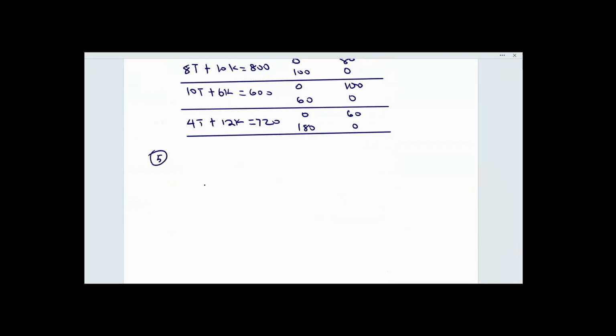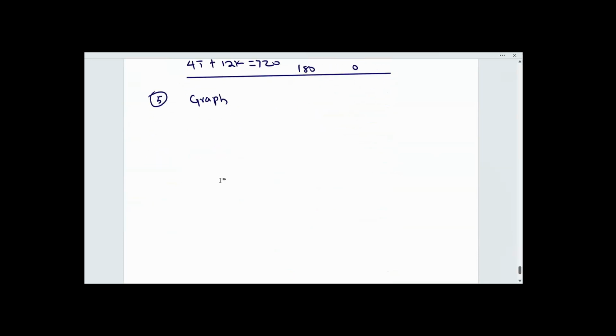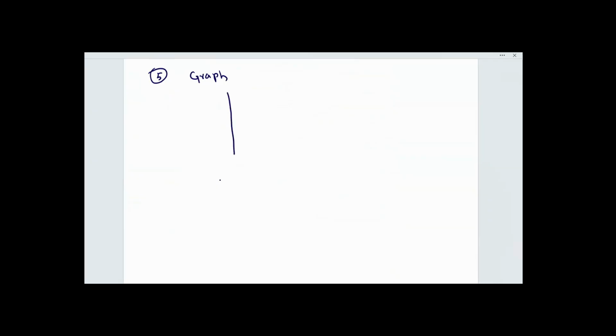Step 5, construct a graph. To construct the graph, you look for the highest figure for each product. Let me do it this way, make it bolder this time around. Okay, let's manage this as it is.